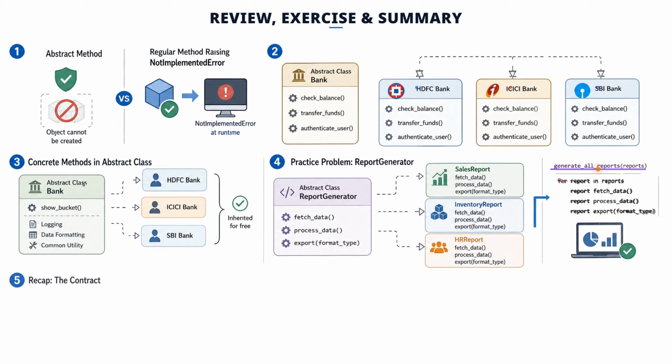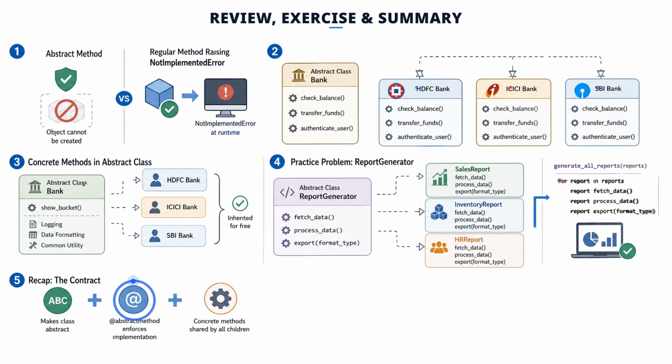To summarize today's lesson, the ABC base class makes your class inherently abstract so it cannot be instantiated directly. The @abstractmethod decorator acts as the enforcer, demanding every child class implement that specific method. And finally, concrete methods allow shared behavior across all children.